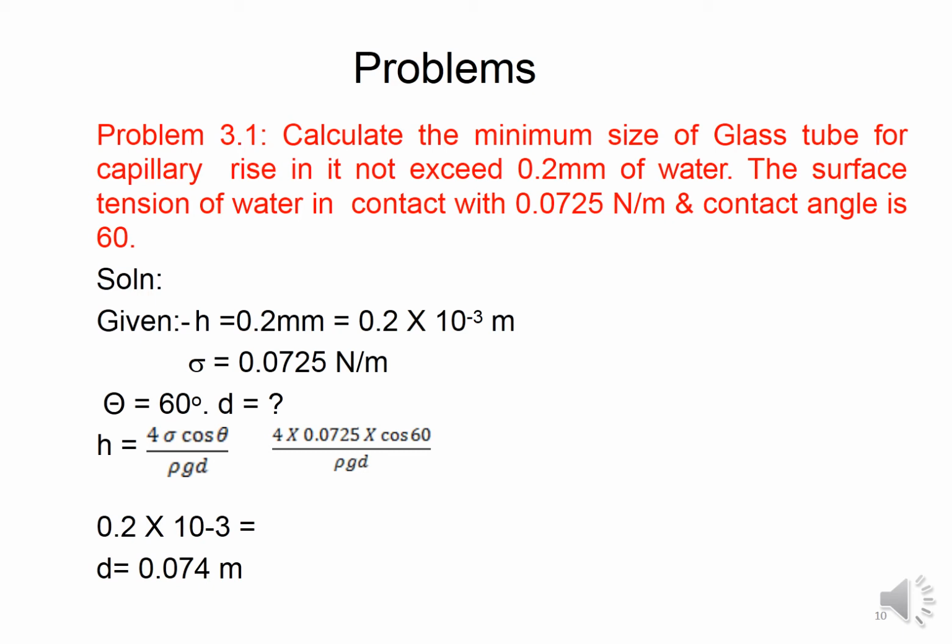Substitute all the values given here: 4 into 0.0725 cos theta, rho, that is density, is 1000, g is 9.81, d we have to calculate, and h is given as 0.2, so it comes around 0.074 meter.